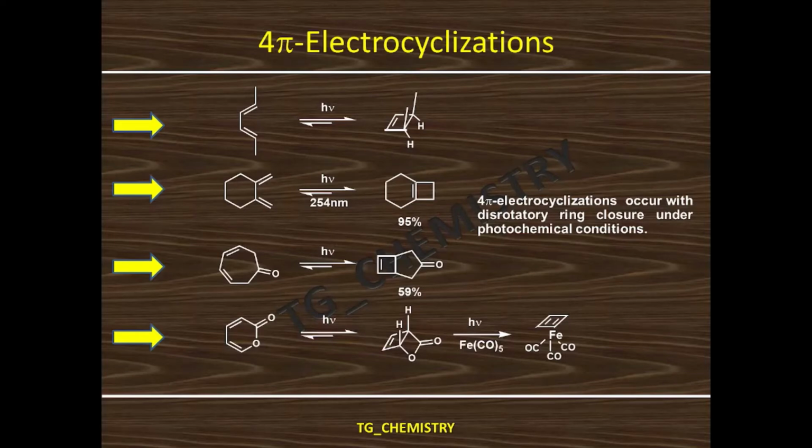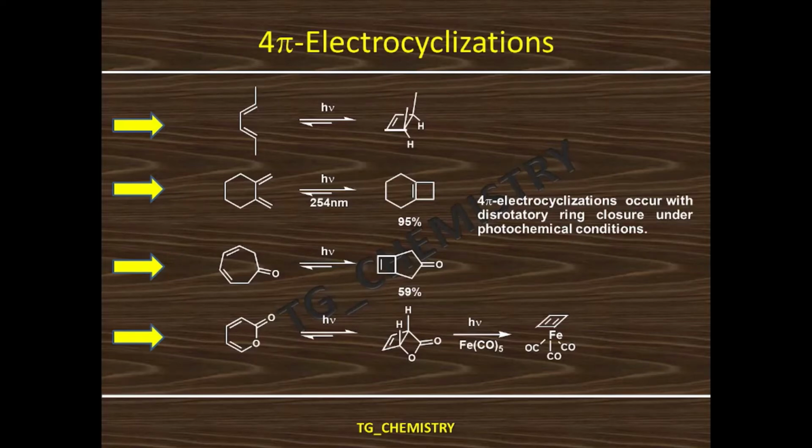Similarly, the second and third cases are similar kinds of reactions, and usually the 4 pi electrocyclization occurs with disrotatory ring closure under photochemical conditions. In the second example, you can see a new ring has been formed. So the 6-4 fused ring has been formed and a new pi bond has been formed, as you can see in the reaction with 95% of the cyclized product.